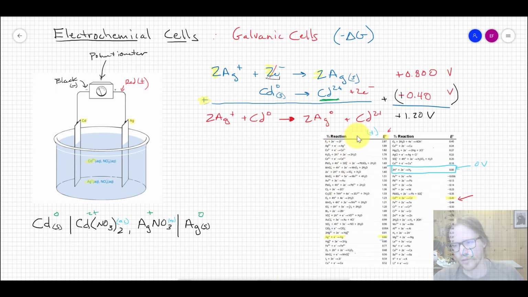You could also, if you didn't want to add these, the other way to think about this is because you originally had a negative value associated with the 0.4 in the reduction direction, but your half reaction is in the oxidation direction, then you could multiply this thing or subtract this thing because you have essentially multiplied your reaction by -1 to flip it. And so that it equates to the same thing because now you have a minus and negative, which is essentially the same thing. You can do it either way.